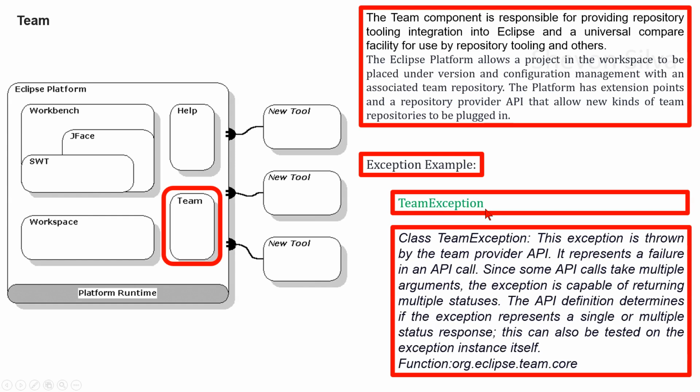This exception is thrown by the team provider API. It represents a failure in an API call. Since some API calls take multiple arguments, the exception is capable of returning multiple statuses. The API definition determines if the exception represents a single or multiple status response. This can also be tested on the exception instance itself.